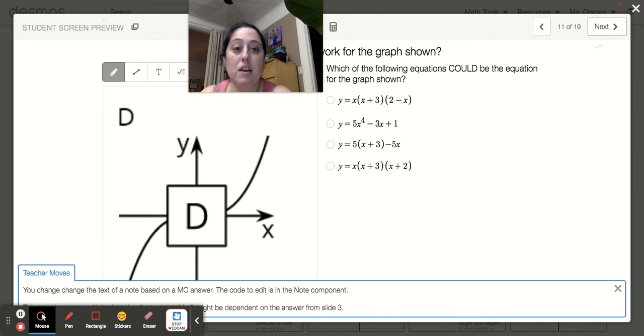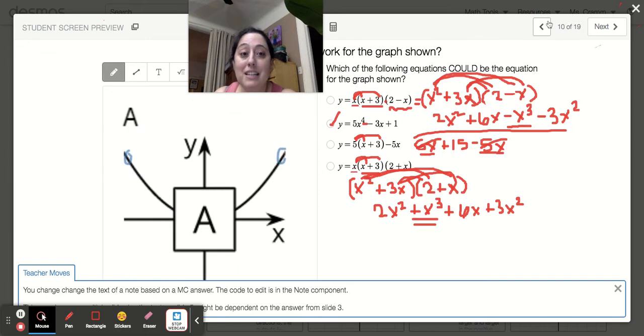All right, so here I think we have maybe, yeah, I think we have the same answer options. So again, we start down here, we end up here. So the equation that could work for this one, right, would be, and let me just look at the work I did here, would be this negative x to the third.